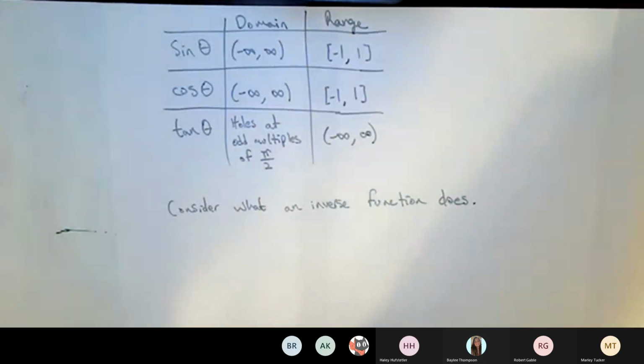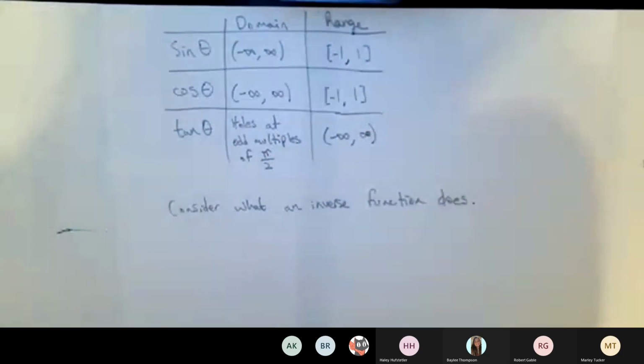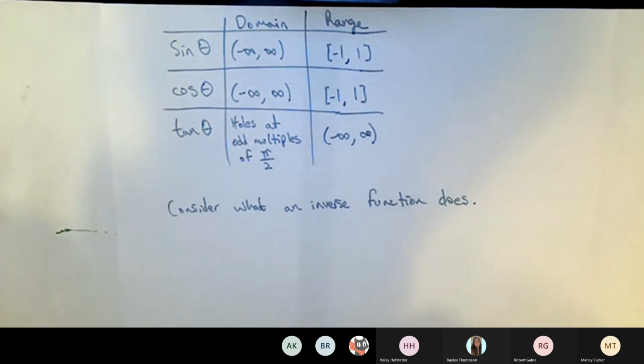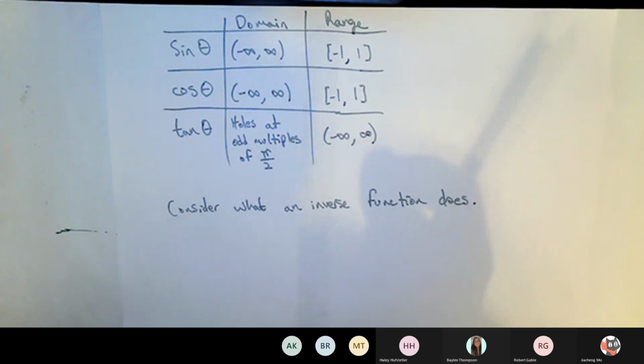Does anyone remember, especially if you took me for pre-cal, I emphasize this a lot. Does anyone remember what an inverse function does in terms of domain and range? What does it do to domain and range? Ji-Cheng, you took me for 112. Do you remember what an inverse function does?